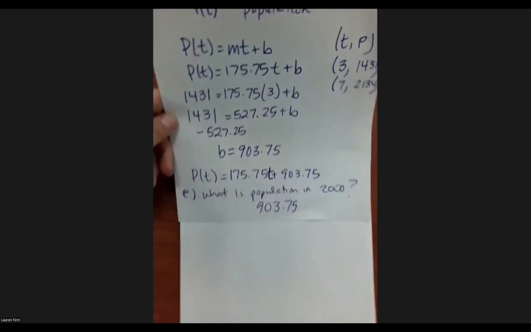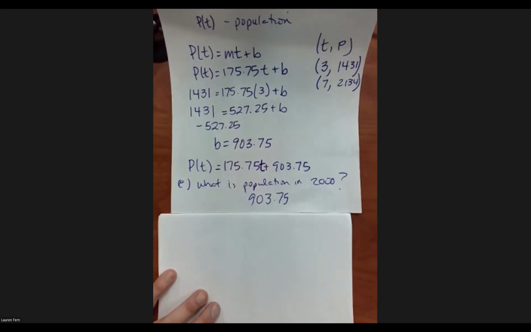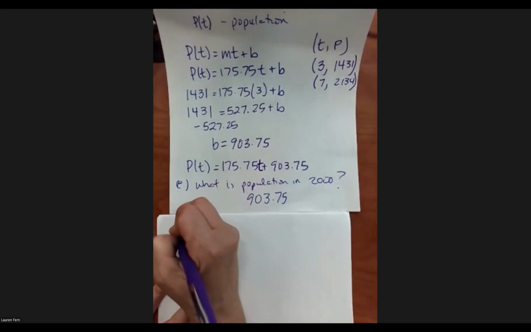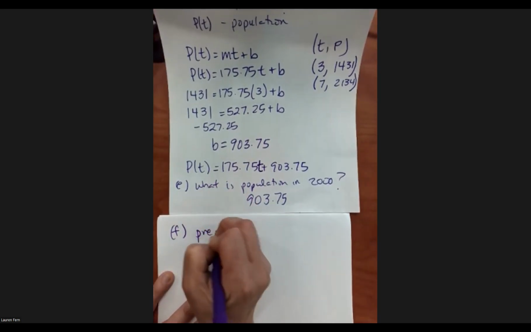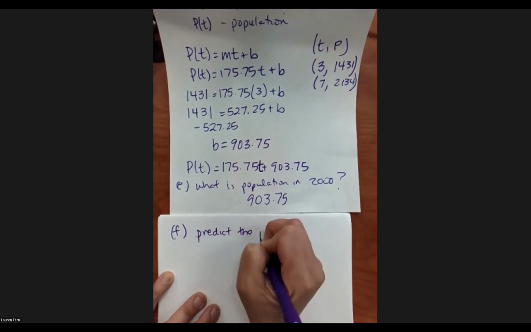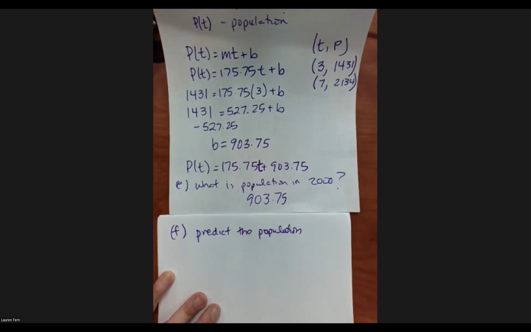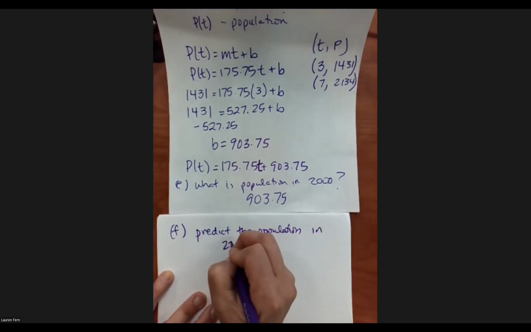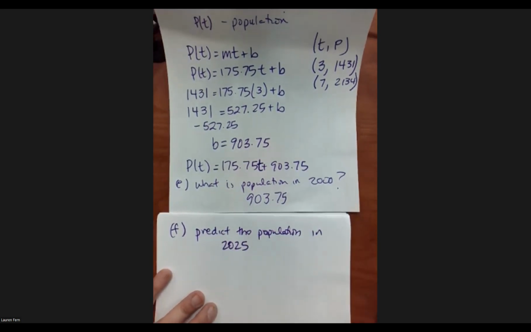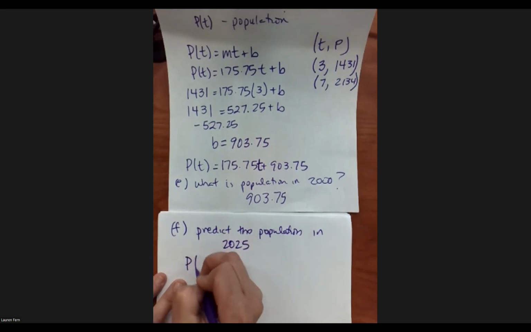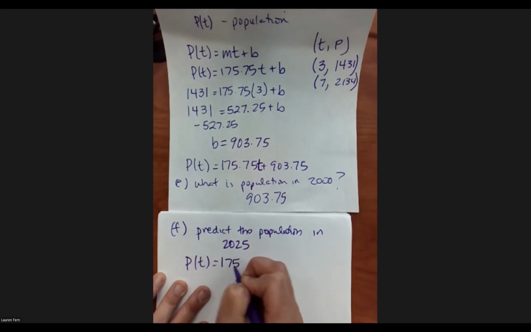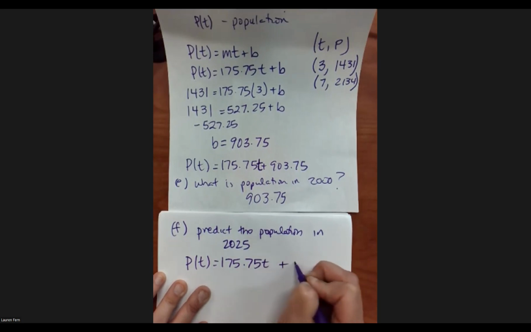Okay. What if I want us now, because we just can't be done with this yet, to predict the population? I don't know, how about in 2025? You got it. Good. So P of T is 175.75 T plus 903.75.